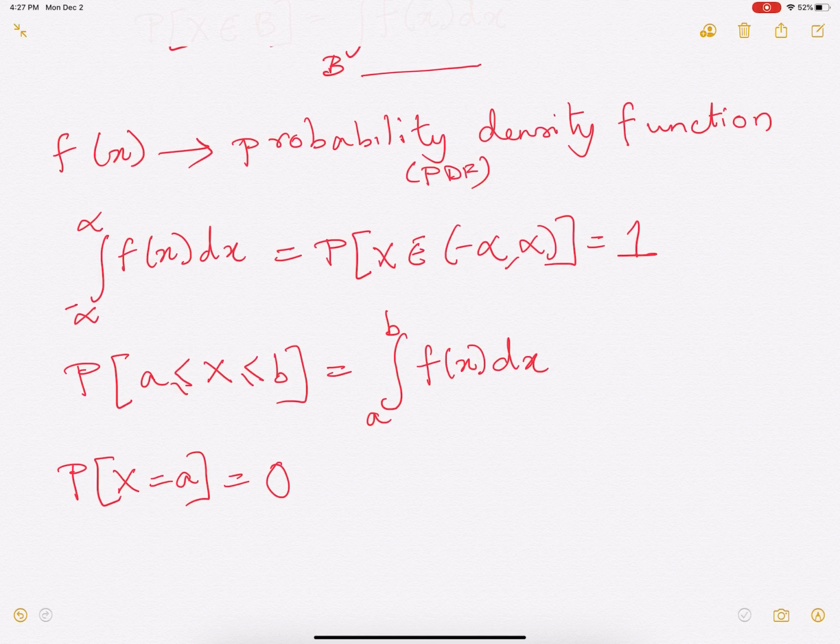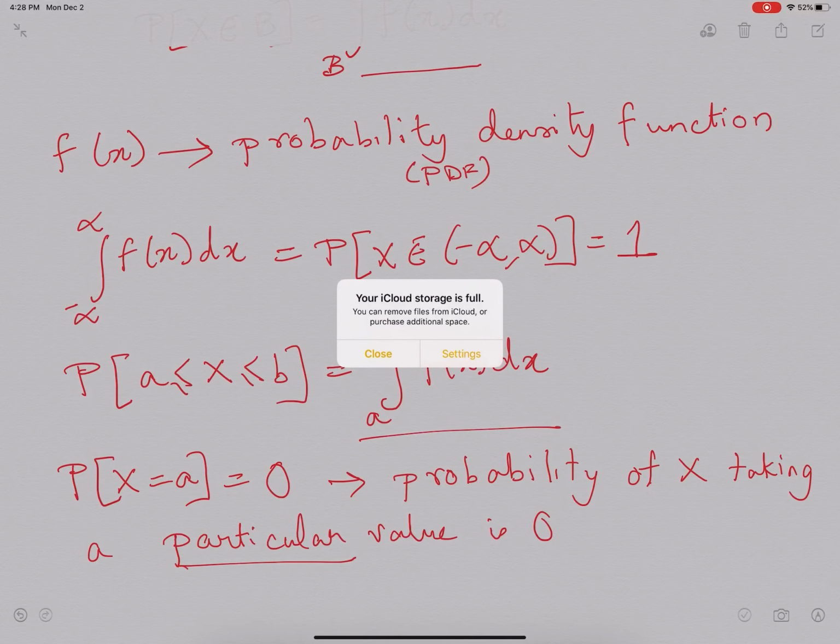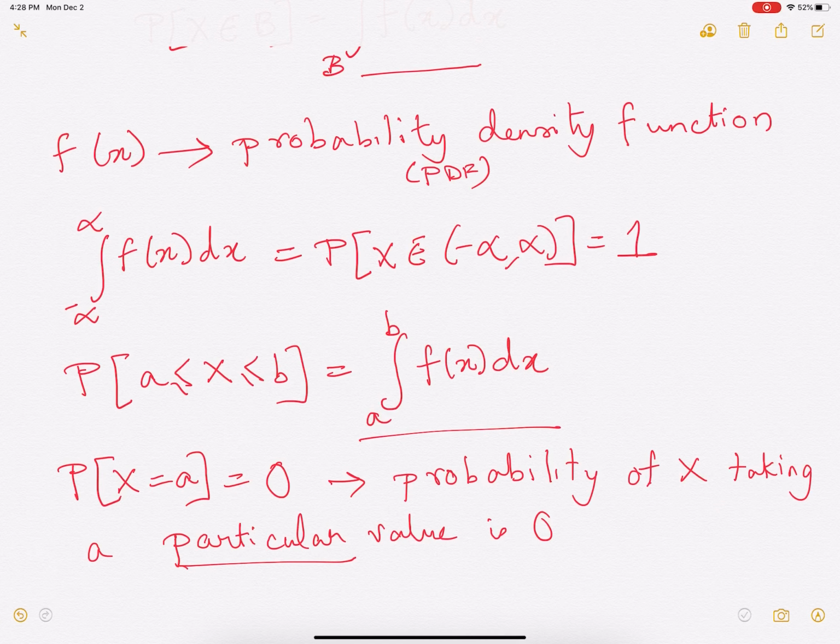You can just get that by substituting it in this equation. So for a continuous random variable, the probability of x taking a particular value is 0. That's very, very important. You can't expect x to take a particular value, because of the uncountable number of values. So that is something to keep in mind.